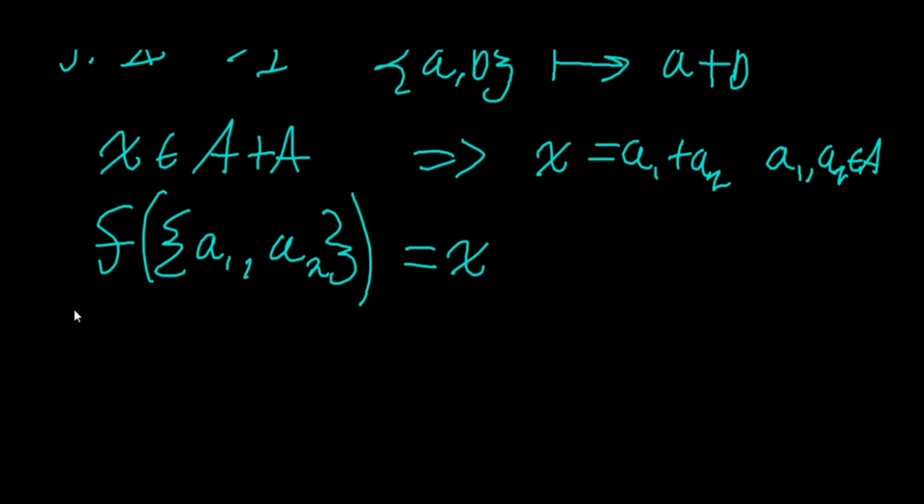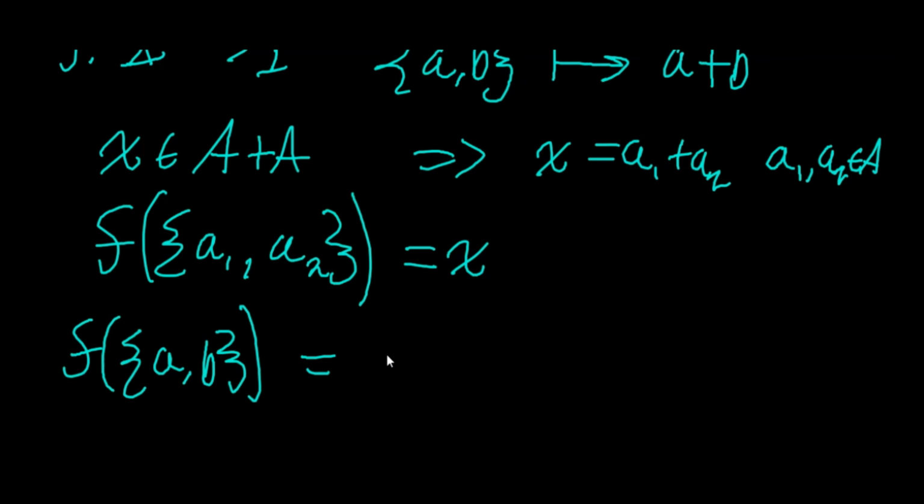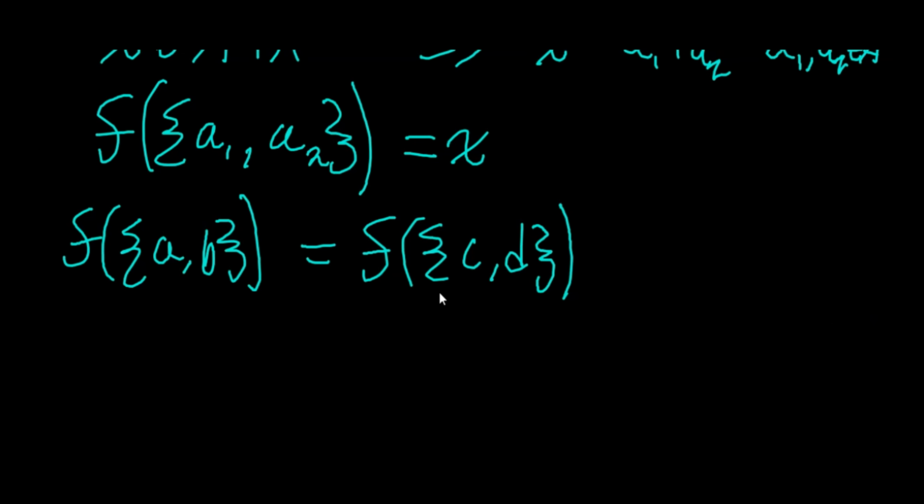To show that this map is injective, let's take the images of 2 multisets and suppose that these images are equal. So F of this multiset is equal to F of this multiset, both of size 2, of course. If this happens, then a plus b is equal to c plus d.